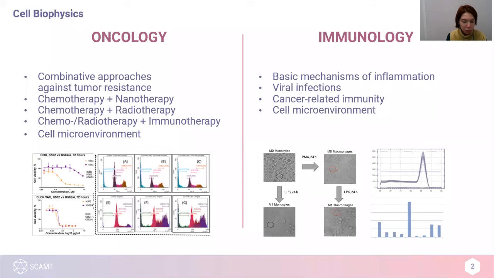Okay, so here in our group, we are interested in two major directions, which are oncology and immunology. We study how different external and internal factors can influence cell behavior and cell molecular signaling and their transcriptional activities. And the next slide, please.